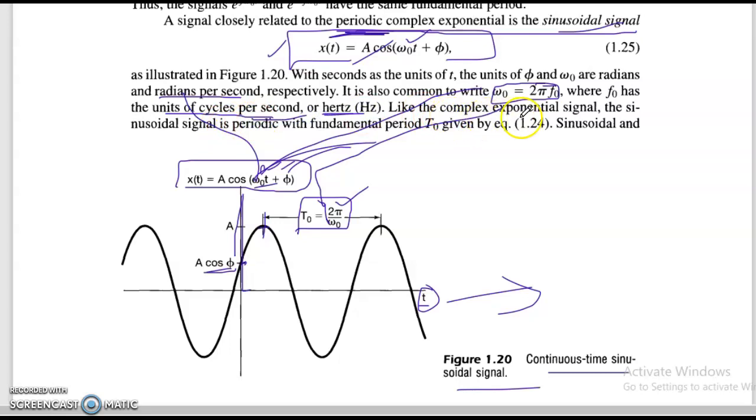Like the complex exponential signal, the sinusoidal signal is periodic with the fundamental period T naught given by the equation.